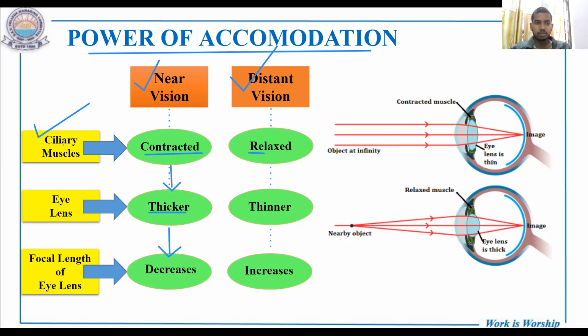So this is the action of the ciliary muscles: the eye lens becomes thicker, the focal length decreases, and we can see near objects clearly.